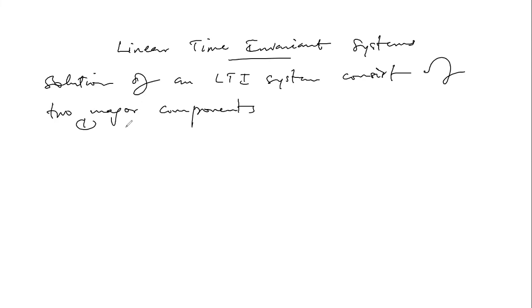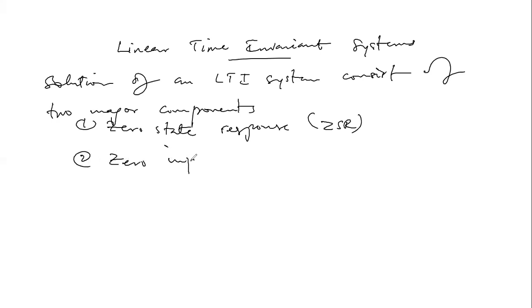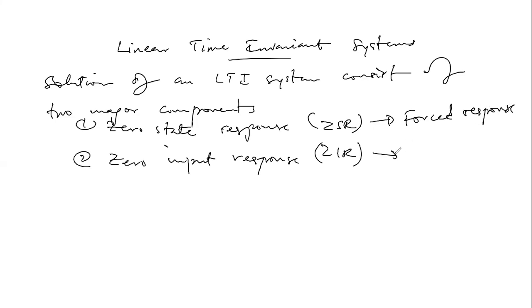First is the zero state response, which we call ZSR. And then the second is the zero input response, which is ZIR. The zero state response is also called the forced response, while the zero input response is also called the natural response.